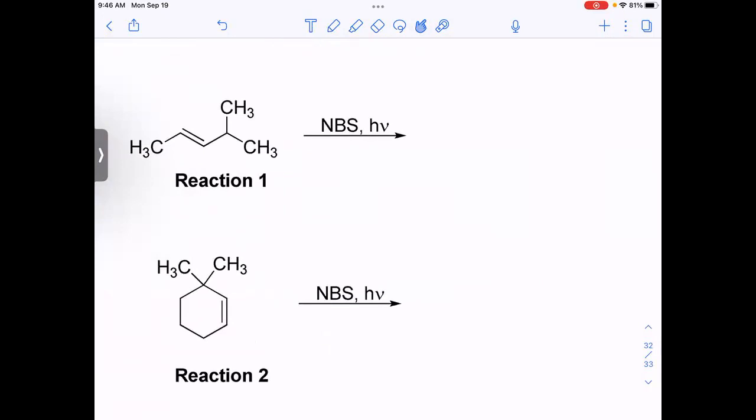How many products are possible for that alkene shown in reaction 1? One. You know you're gonna get 1 for sure. But you don't have to guess about that. How can we definitively say how many products we can expect?